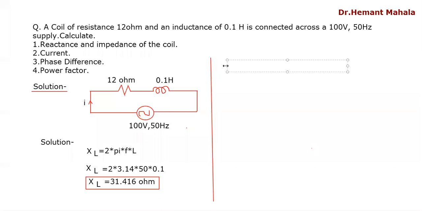we know Z. Z is impedance, okay, and the formula is under root of R square plus (XL minus XC) whole square.